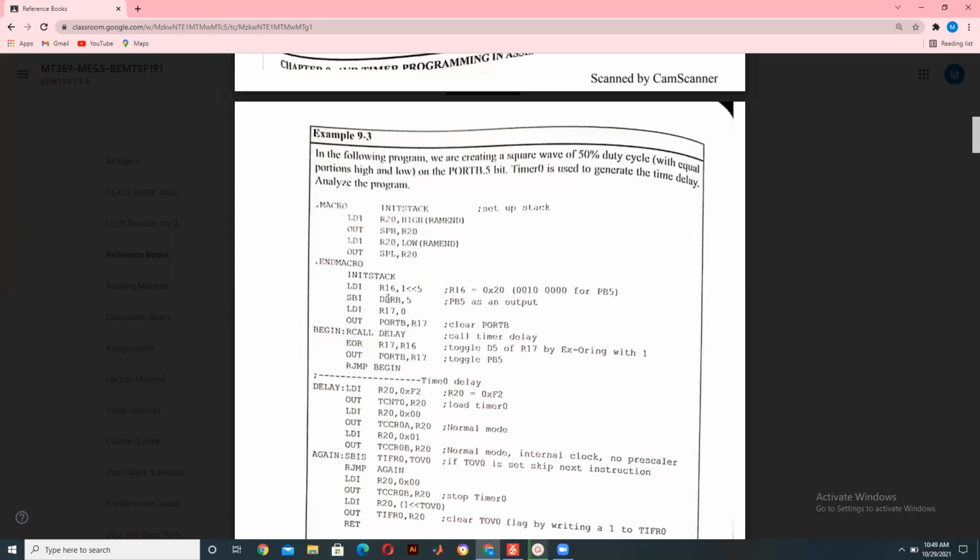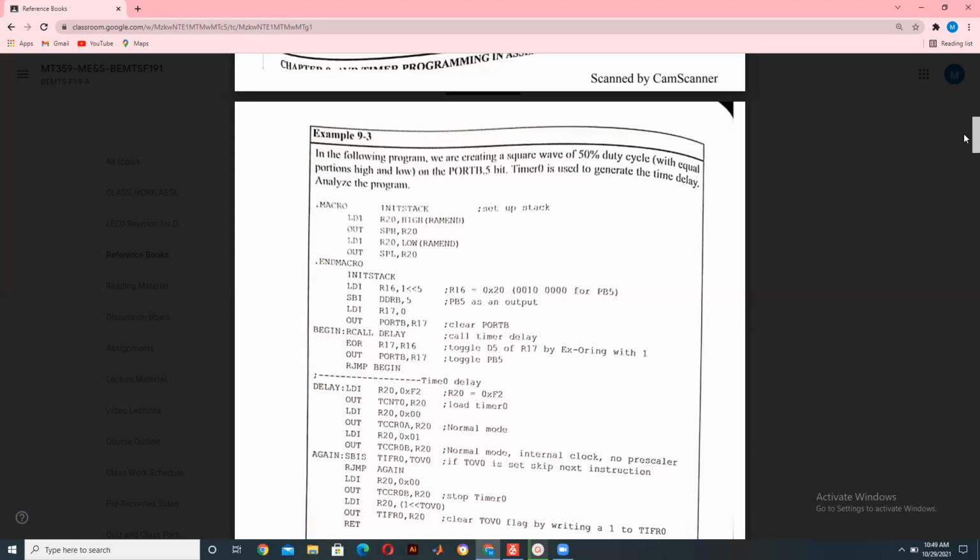Then we set DDRB to 5, so that it is the output at port B, bit 5. Then LDI R17 is 0, and output port B is R17. That means the clock is cleared. First it was 5, then it was cleared, and then we began to call the delay.